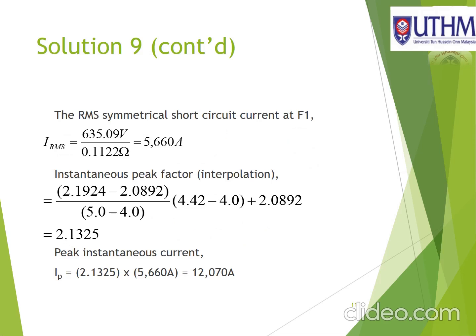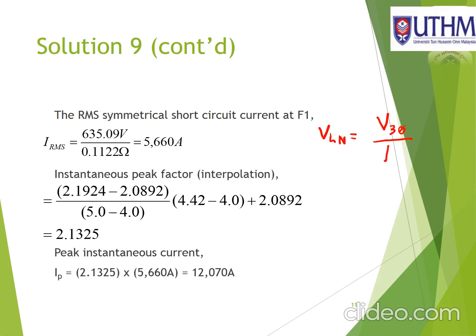Next we have to calculate the RMS symmetrical short circuit current at F1. To get the I RMS, we have to know the V for single phase. So V line to neutral is equal to V 3 phase divided by square root 3. V 3 phase, already mentioned in the question, is 1100 for the low side.